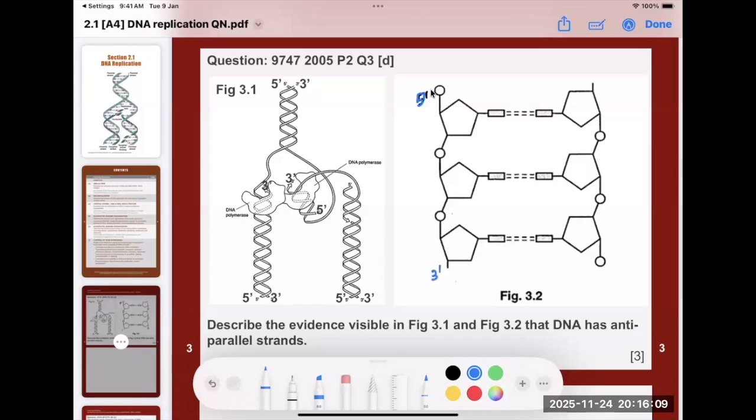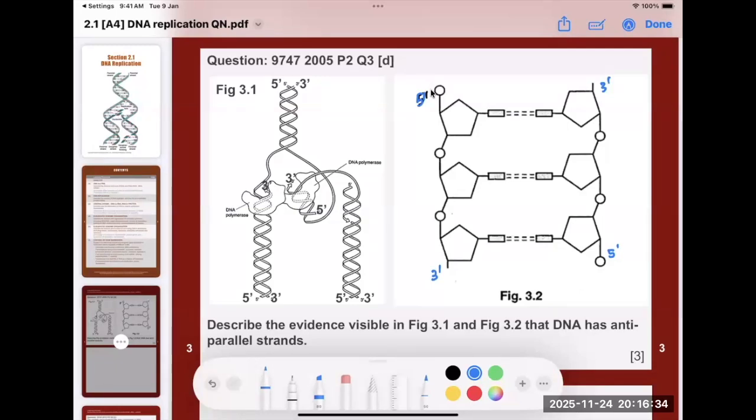Okay, this is 3 prime. The other side, then the other one is 3 prime at the top, and then 5 prime at the phosphate. So now because you know how to label the carbon, even in the picture that has nothing, you know which is the 5 prime, 3 prime end.